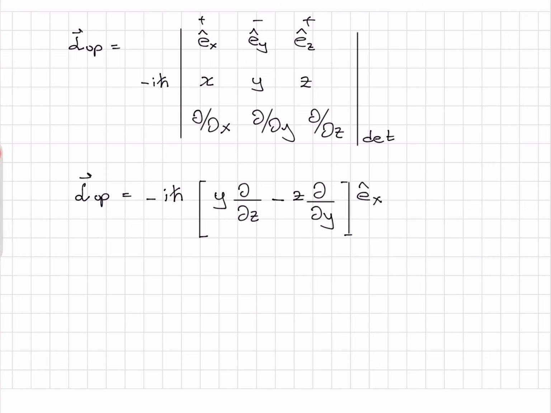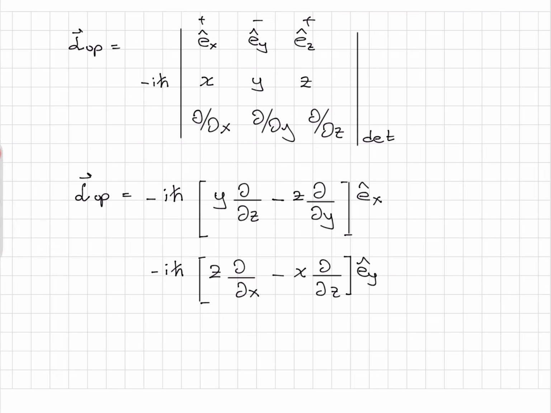For the next term, we cross out the first row and second column, x del/del z minus z del/del x, but we have a minus sign here, so we're going to start with z del/del x. So minus i h bar, z del/del x minus x del/del z, and this will be in the e_y hat direction.